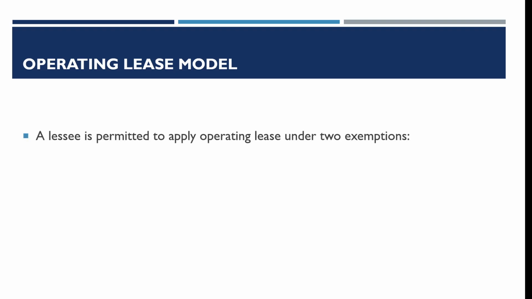May binigay lang na strict exemptions ang IFRS 16 para magamit yung operating lease model natin. Ano yung mga strict exemptions? A lessee is permitted to apply operating lease under 2 exemptions lang. Dalawa lang yung exemptions. Number 1, short-term lease. Number 2, low-value lease.